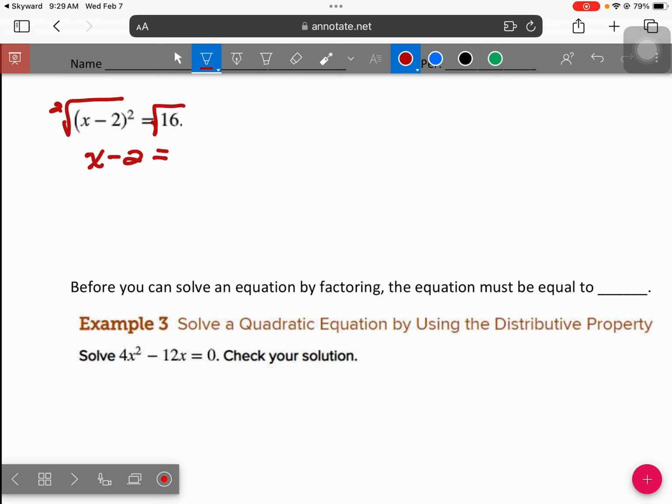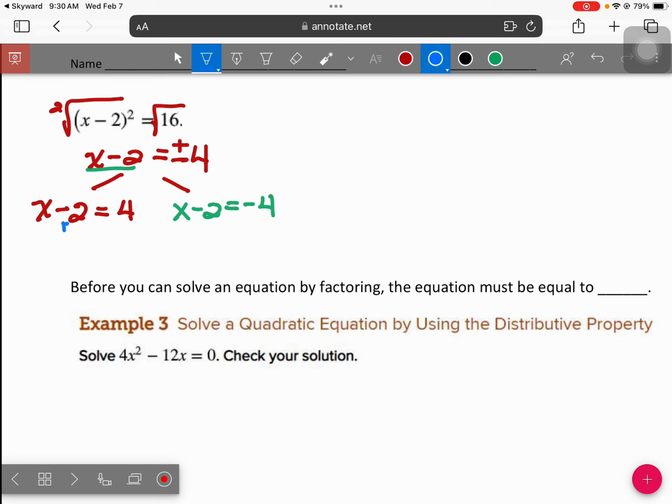Equals, now what is the square root of 16? 4, but you need to put both the positive and the negative because negative 4 times negative 4 also gives you 16. This is where I would probably change it into two equations: x minus 2 equals the positive 4, and x minus 2 equals the negative 4.